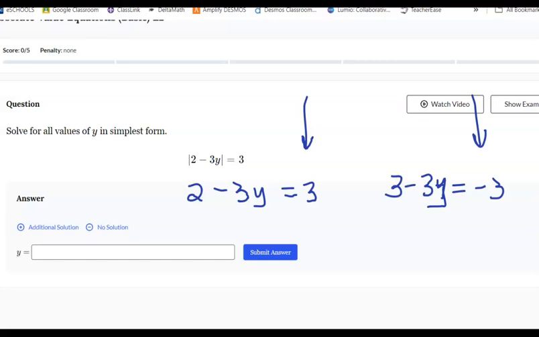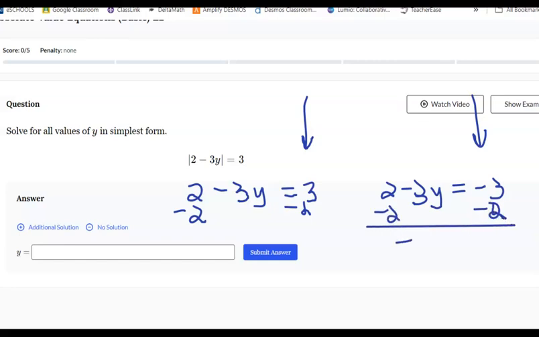each separately. So I'm going to subtract 2 on this side. I'm also going to, whoops, I made a typo over here. 2 minus 3y. And I'm going to subtract 2 over here, giving me -3y equals -5 in this problem. But on this side, I get -3y equals 1.